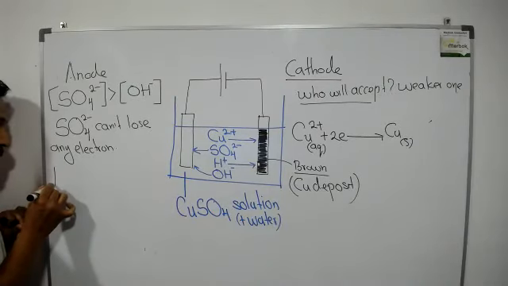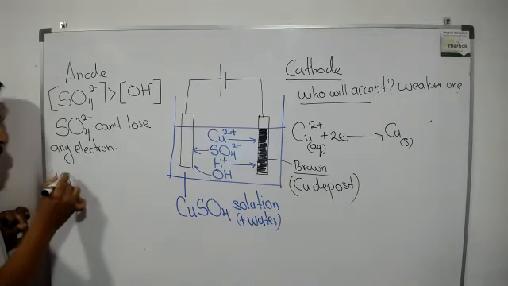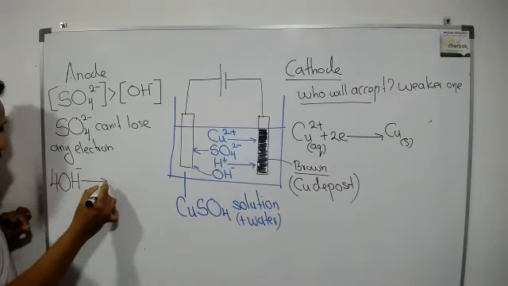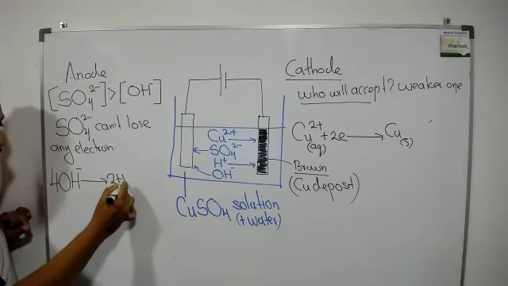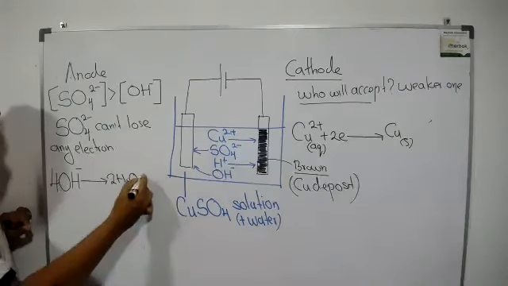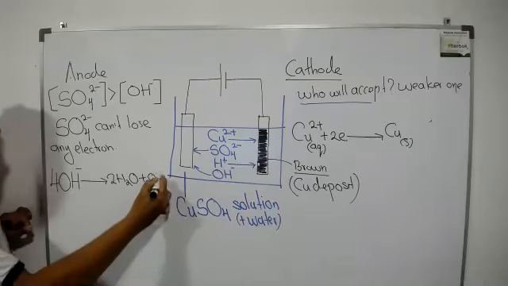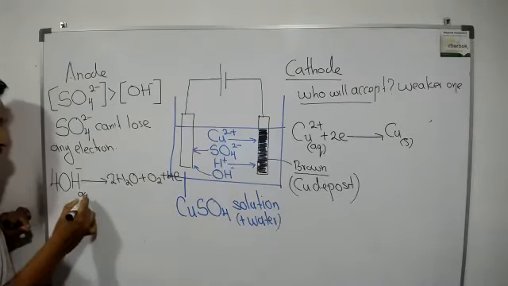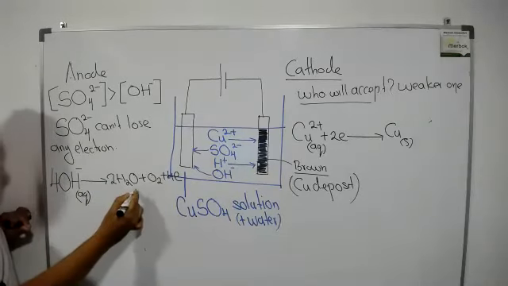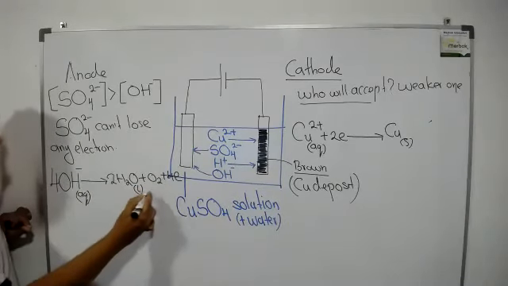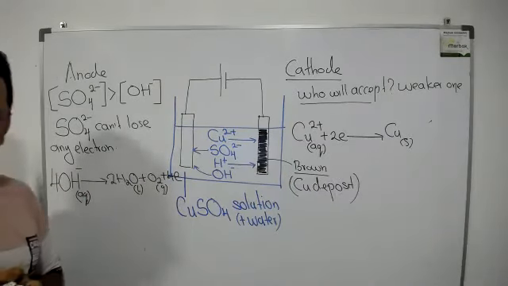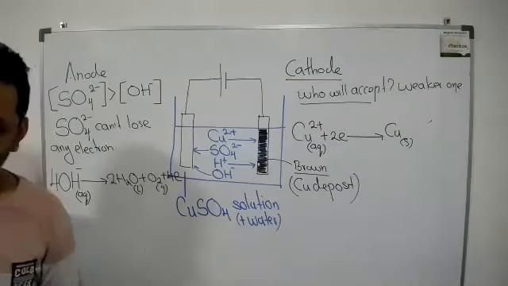So here OH minus becomes the loser. 4OH minus break to 2 water molecules, O2 gas and 4 electrons. This is aqueous. This is liquid. This is gas. Are you clear?